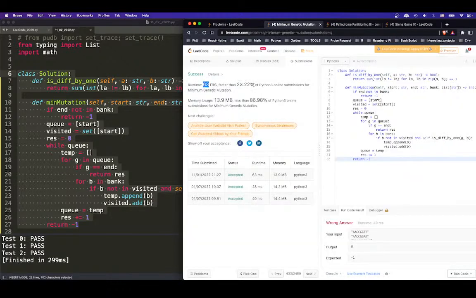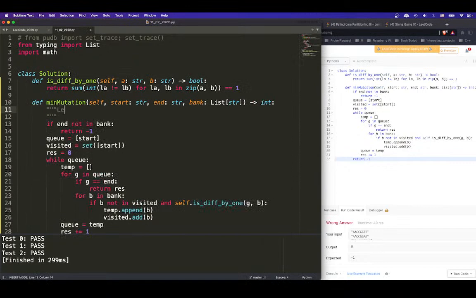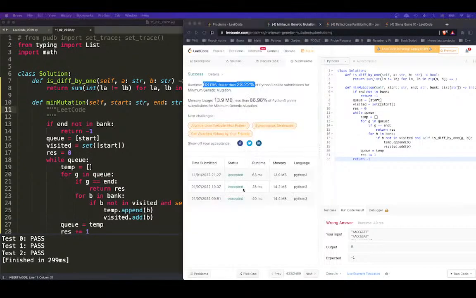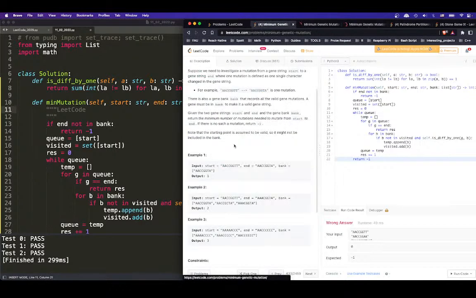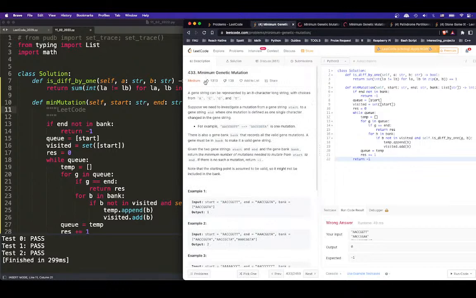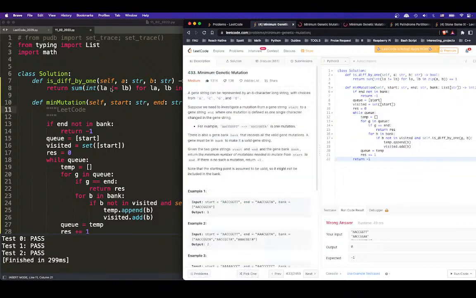Oh, we haven't done it before. But it means it's a different solution. And when did we do it? 2022. Oh, 10 months ago. All right.